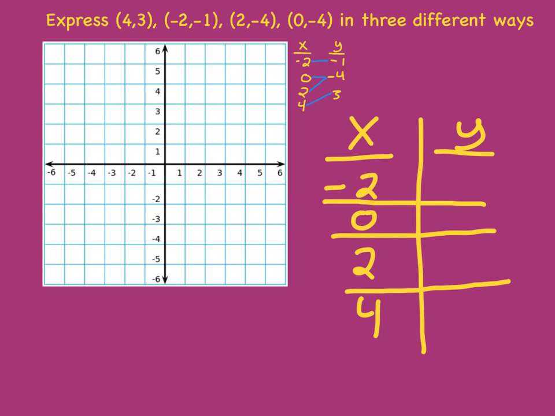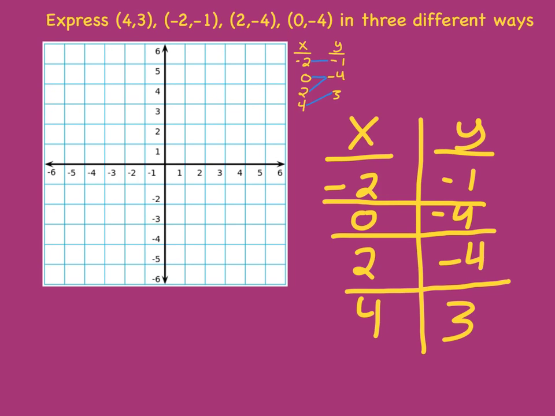But here's my table. -2 is paired up with a -1 for the y. 0 is paired up with a -4 for the y. My x value of 2 also has a -4. And my x value of 4 has a y value of 3. So that would be my table.